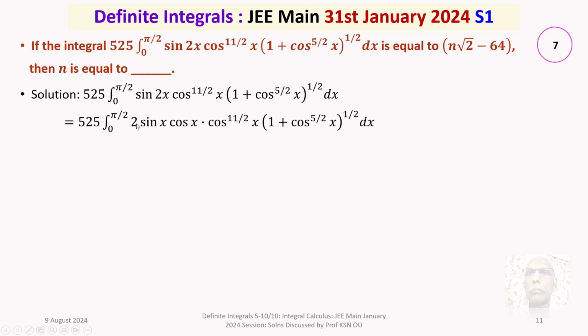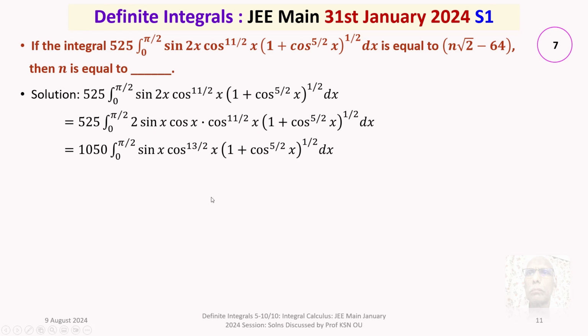Now this 2 we have taken out and multiplied, and that will become 1050. So that will be 1050 integral 0 to pi by 2 sin x into cos to the power of 13 by 2 x. Why? Because cos x multiplied by cos to the power of 11 by 2 x, when multiplied, will give this, and the remaining things as it is.